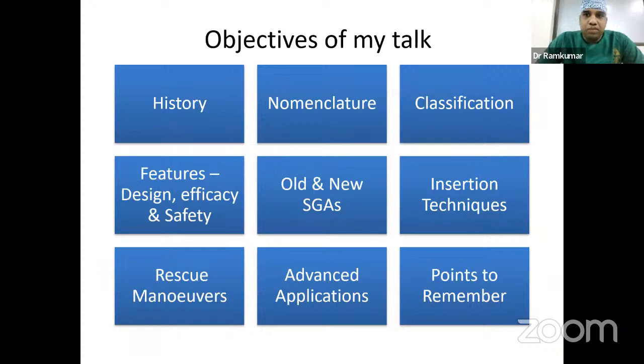We'll revisit some of the old devices and the current new devices, the important safety features, the common standard insertion techniques and device specific insertion techniques. If there is a device failure, we'll see what rescue maneuvers are to be done to have very good ventilation. Finally, we'll see some of the important advanced applications, and the take-home points, which are almost mandatory for your exam purposes as well as for your practice.